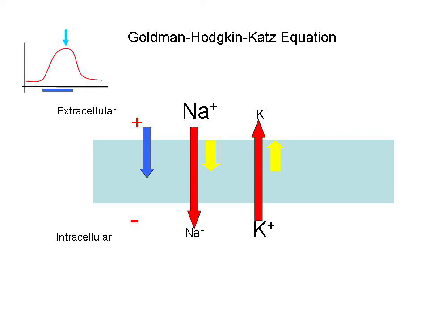If you think that the sodium chemical potential and the potassium chemical potential are more or less the same, opposite directions but same magnitude, and the conductance for both ions is the same, then this should occur at zero membrane potential, electrical potential.